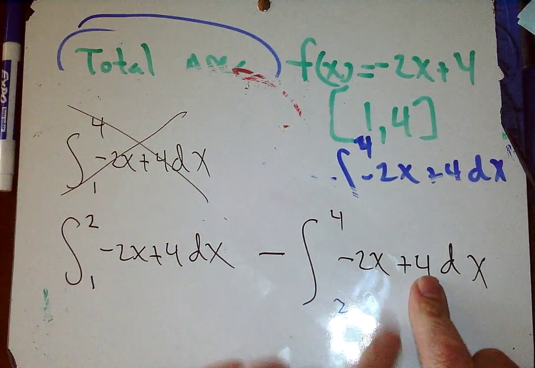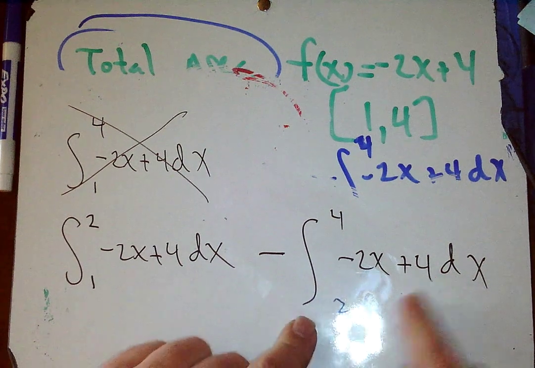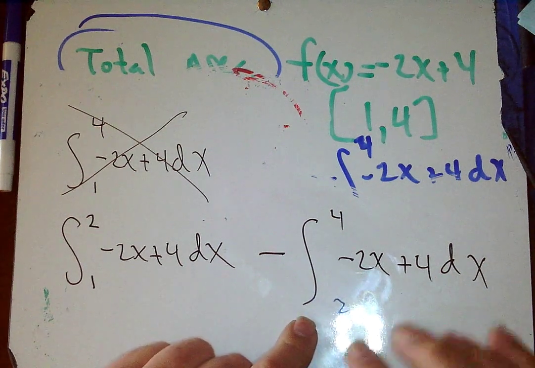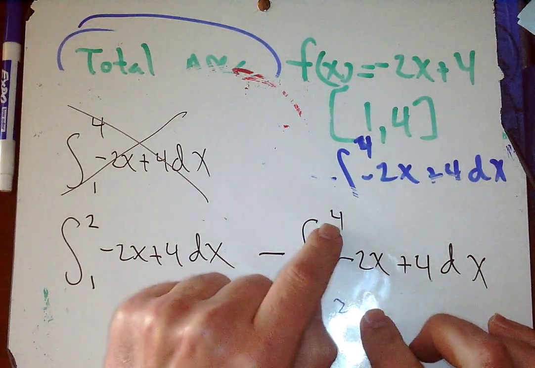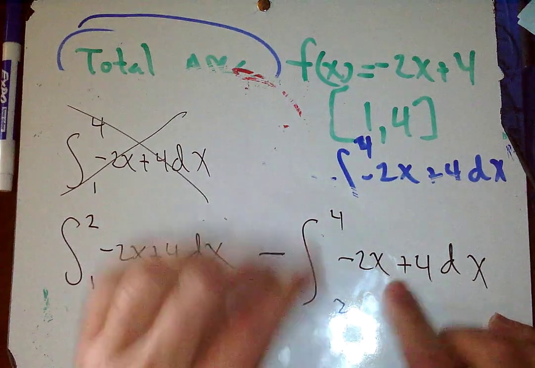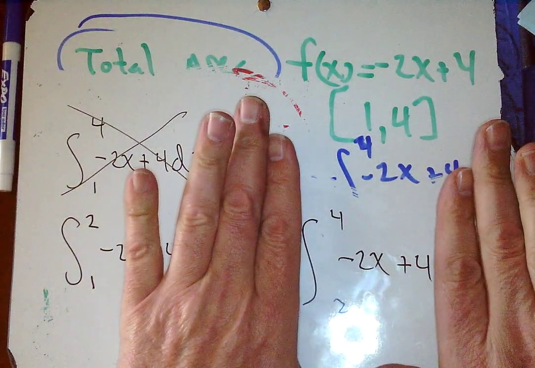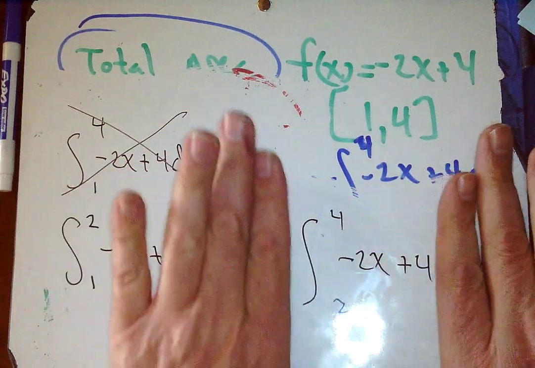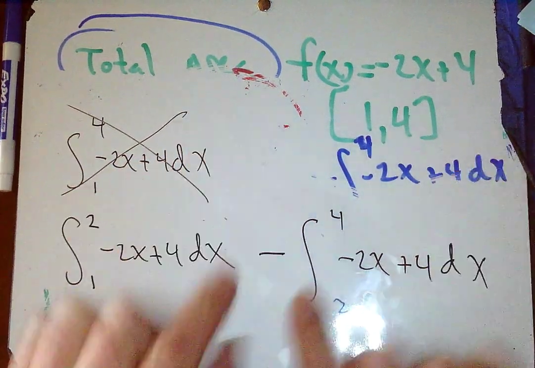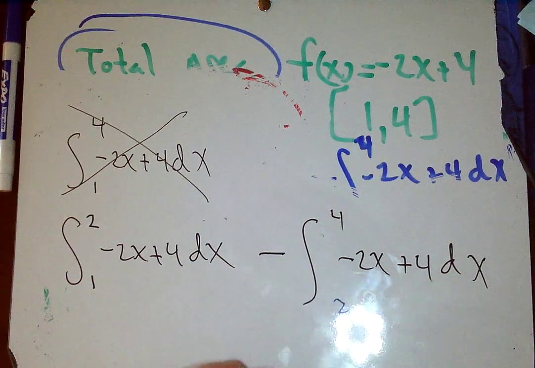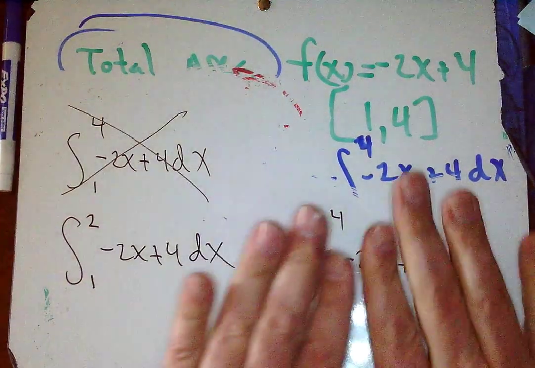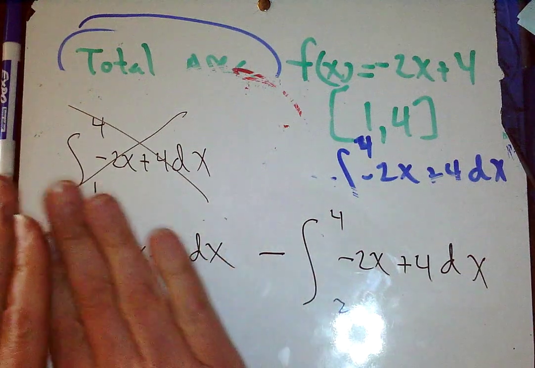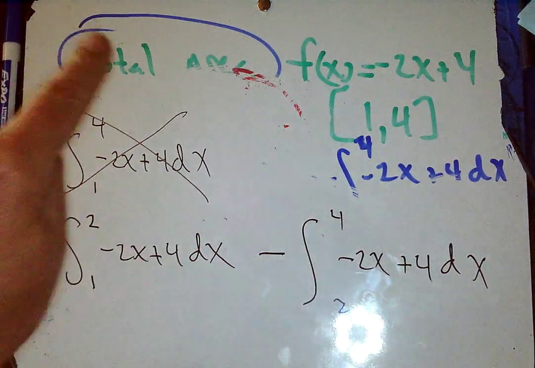And this is the area under the curve from the point where we hit the x-axis down to where our function is most negative. When we do this integral, we get a negative number. Total area says areas are positive. So I'm going to get a negative number here, but because of this, negative times negative, I get positive.